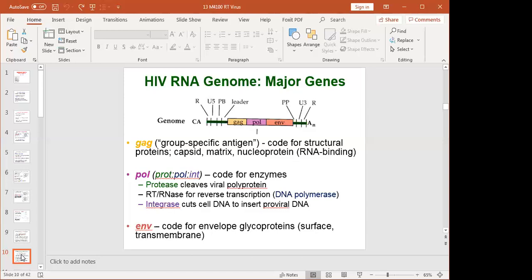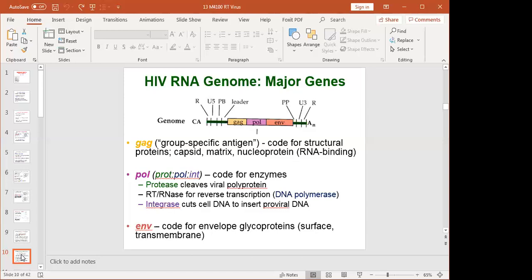The middle segment is called POL, which codes for 3 sets of proteins. Remember, PROT, POL, INT. PROT, or protease, POL, the polymerases, and INT for integrase. Protease is an enzyme that cleaves viral polyprotein. So in HIV, we make one huge protein, and with the action of proteases, that protein will be chopped into small pieces.